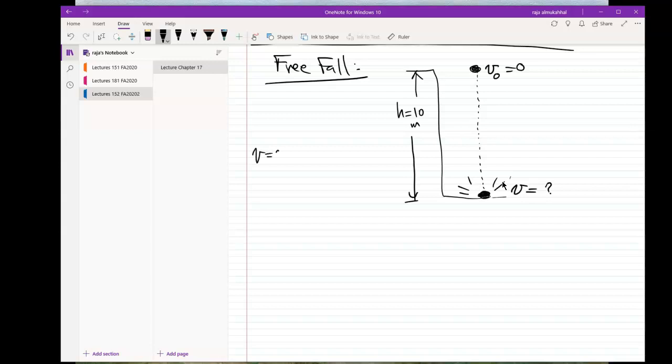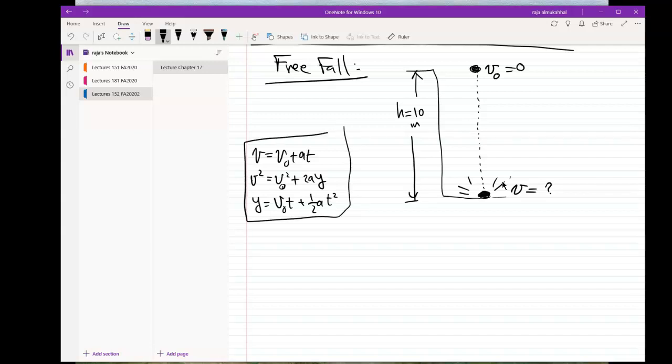V equals V naught plus AT. V squared equals V naught squared plus 2AY. And Y equals V naught T plus 1/2 AT squared, correct? These are the equations of kinematics.